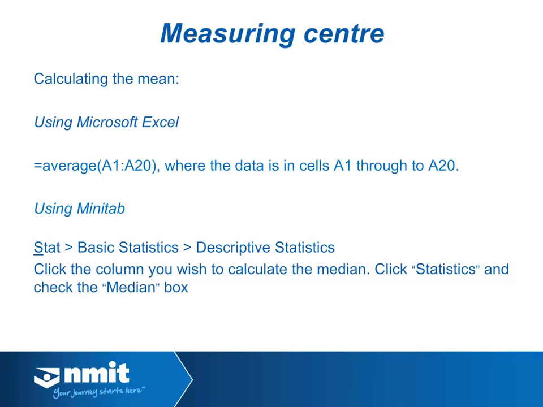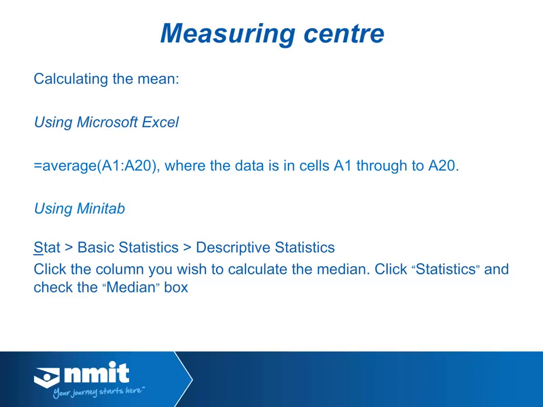The function within Microsoft Excel for doing the mean is equals AVERAGE bracket, and then you put in the cells which you want to average. So when you have this formula, the equals at the front is telling Excel that you have an equation to do.